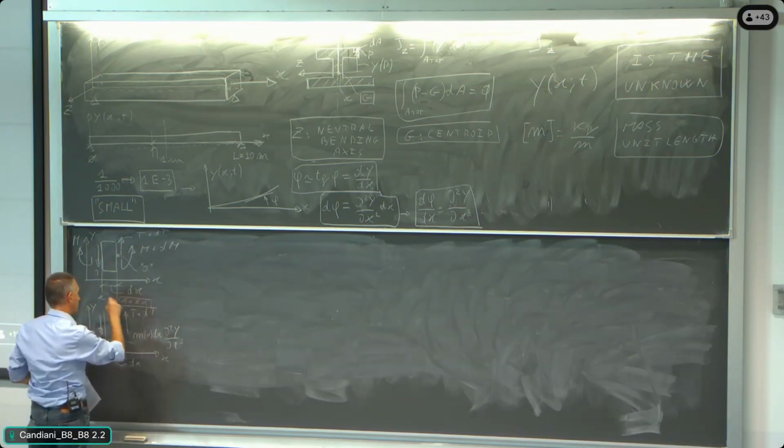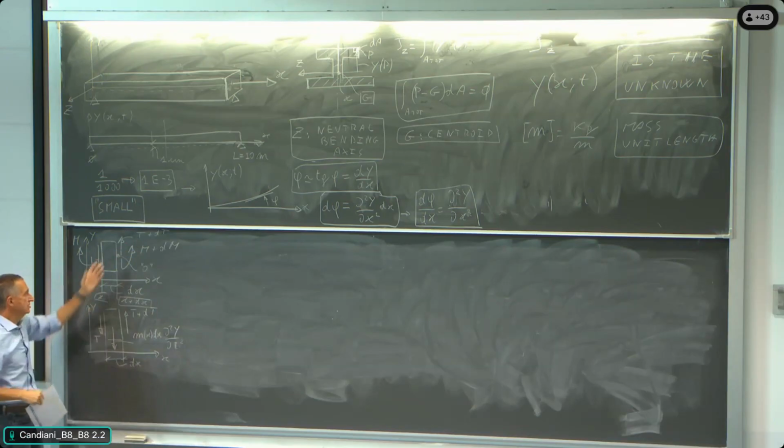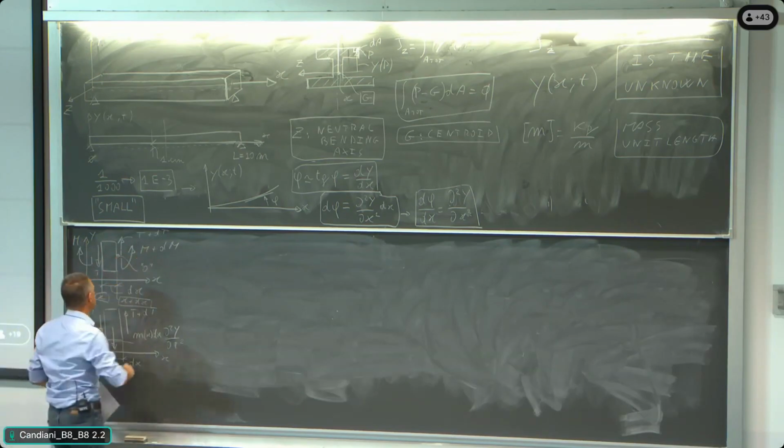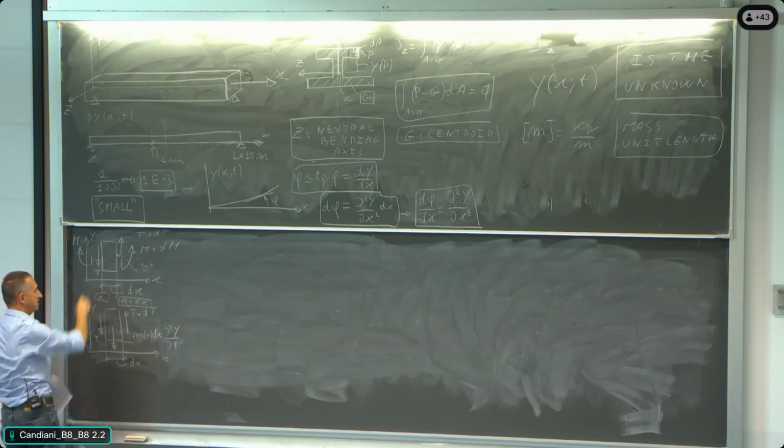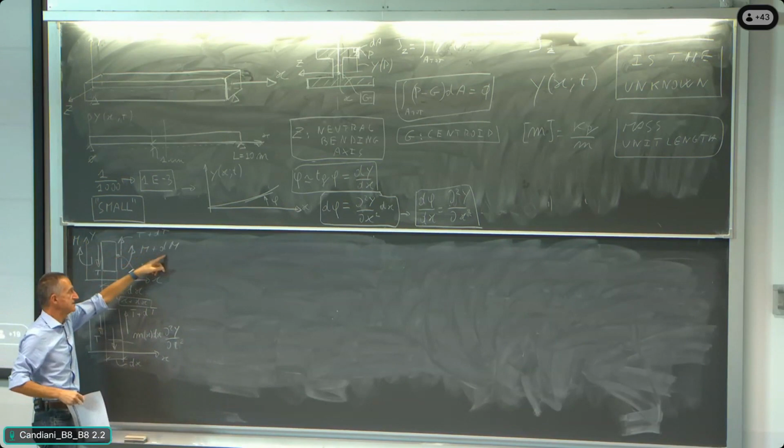And so at the incremented location, the quantities are incremented, all right? Making the moment with respect to O, we are saying that the shear T multiplied by dx plus the extra moment is equal to 0.